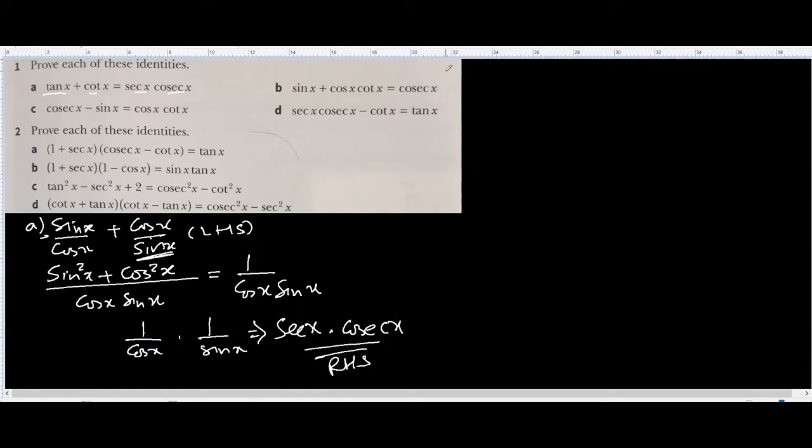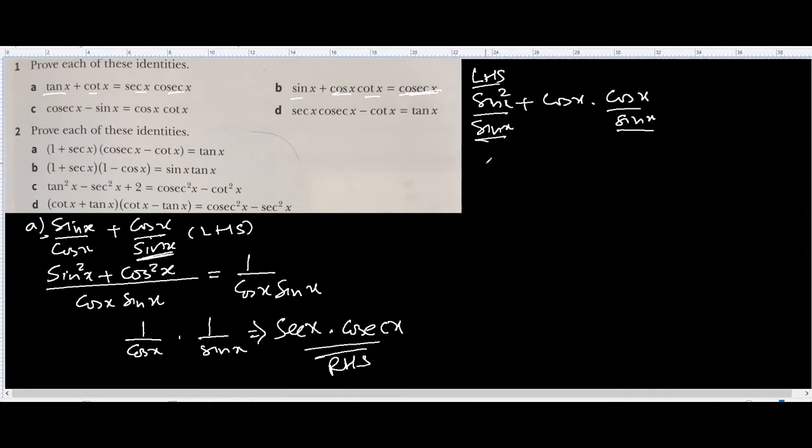B part. Sine x plus sine x cot x is equal to cosecant x. So again we have to connect them through sine and cos. So LHS. Sine x plus cos x over sine x. Now we have to combine them because we have just one term on the right side. So I'll put sine x bottom and square on top. That will make it, we'll have same denominator.